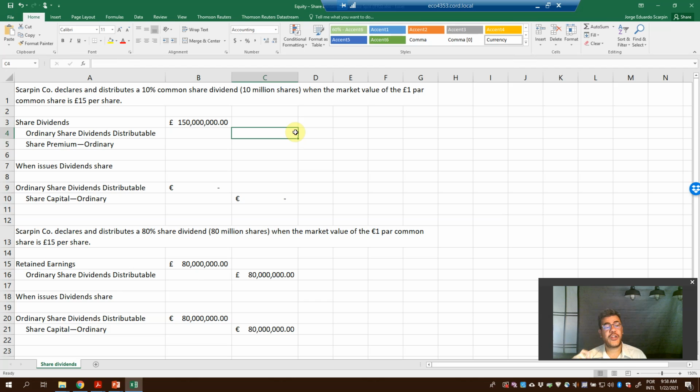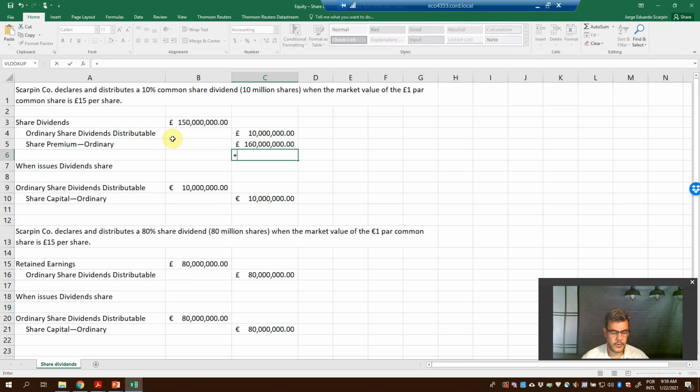Instead of share capital ordinary, we are only declaring these dividends. We are not issuing yet. So we will credit a temporary account, ordinary shares dividends distributable. So it is 10 million shares times 1, and the share premium ordinary will be the number to balance.